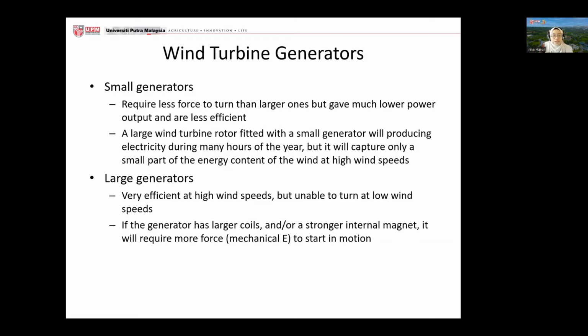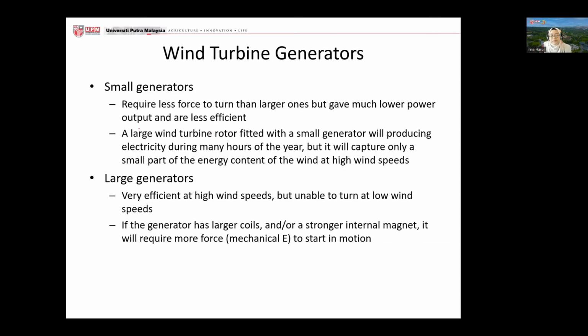You can use small generators or large generators. Small generators require less force to turn compared to larger ones, but of course that comes at the cost of lower power output, and they are less efficient.